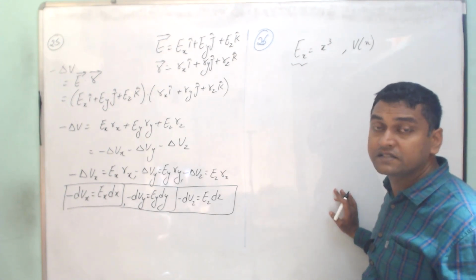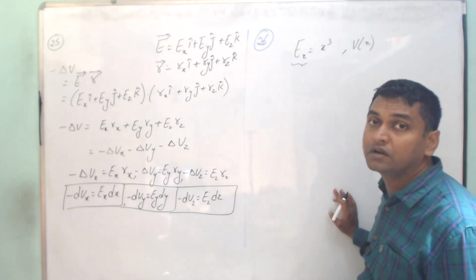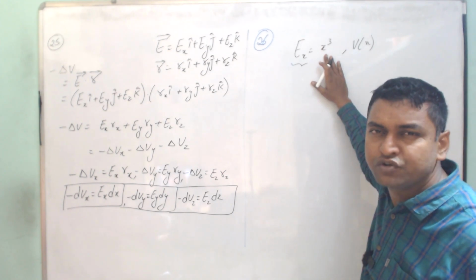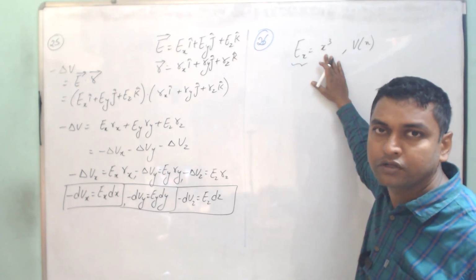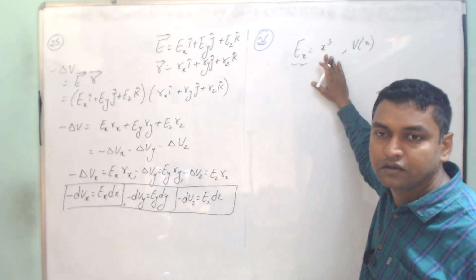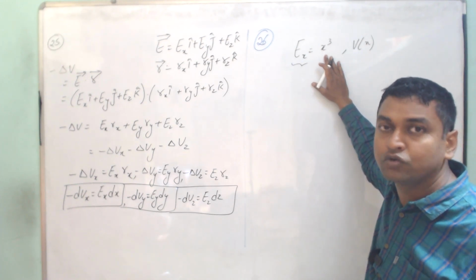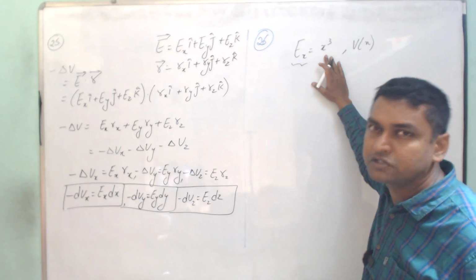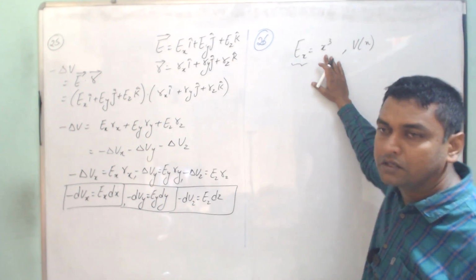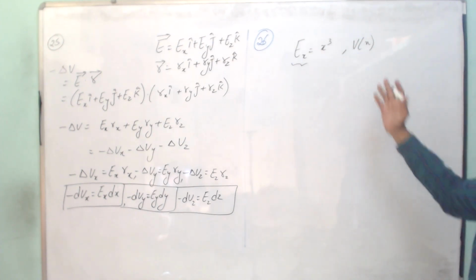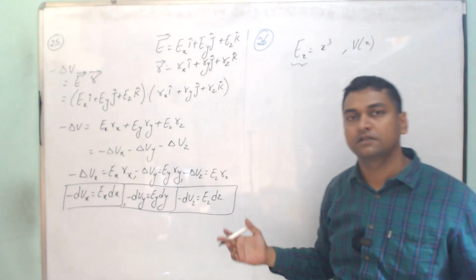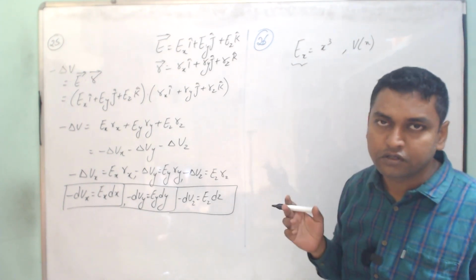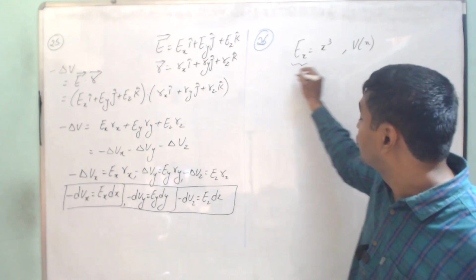Next thing is, I just now told, if I am talking of only I cap, why should I bother about the dot product? Because cos 0 is 1. If I am talking only of j cap, why should I bother? Because cos 0 is 1. In this question, there is only x everywhere. Obviously, I am talking about x, I cap. So I don't have to worry about the dot product. So what do I remember?